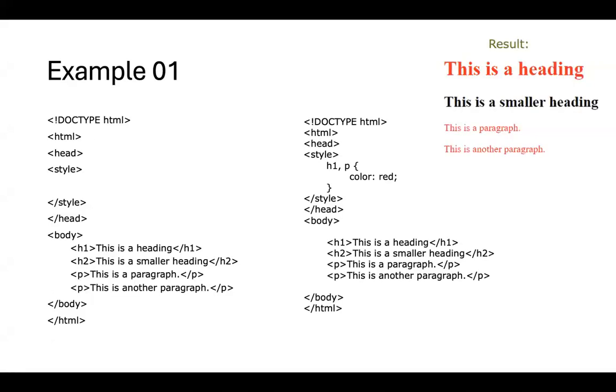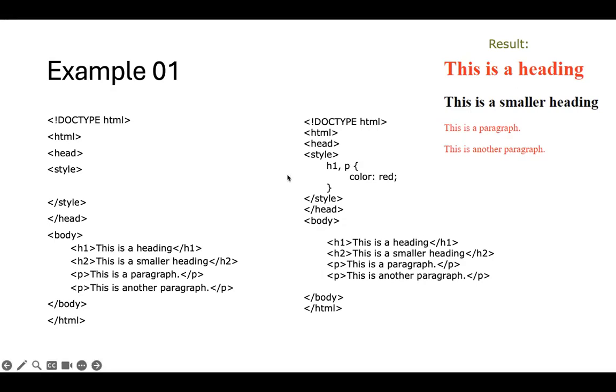Then here are some examples. So here we have the header, two headers called this is a header and this is smaller heading, and this is a paragraph and it's another paragraph. And the thing is, here you can see we have to use internal styles.